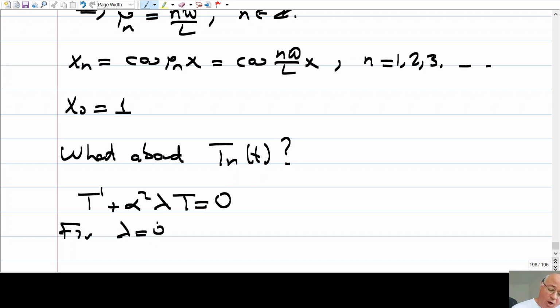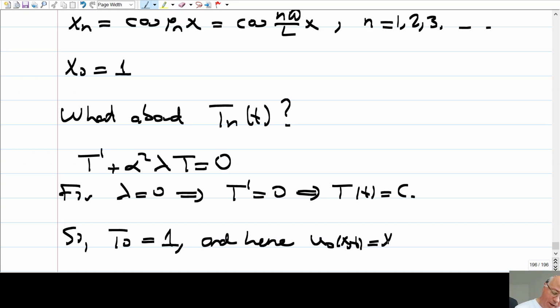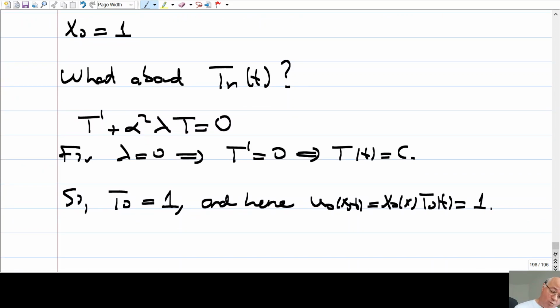For lambda equals 0, I had this constant function for X. What about this one? For lambda equals 0, I have just T prime equal to 0. Therefore T of t is again constant. So T0 can be taken as constant 1, and hence u0(x,t), which is X0 of x times T0 of t, can be taken as 1.